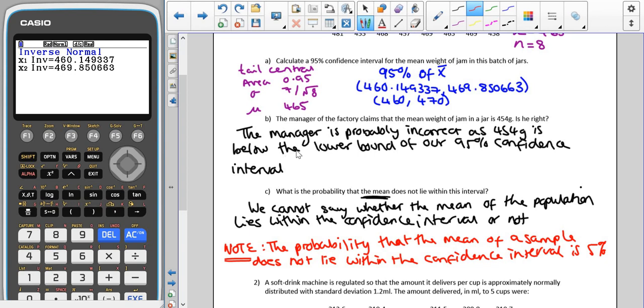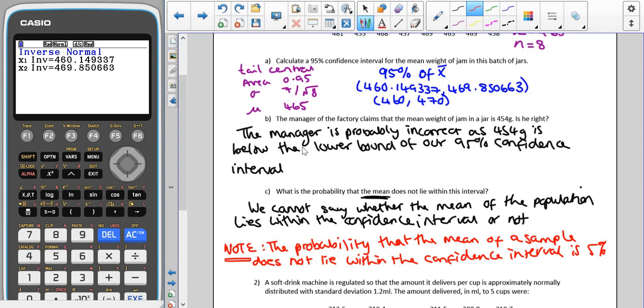So that slight difference between the wording gives us a completely different answer. So in part C, it's actually asking what the probability that the mean of the population doesn't lie within our confidence interval is. Now, the mean of the population is either going to be in the confidence interval or not in the confidence interval, because the mean of the population is not going to change. It is a set value, so it is either in there or it's not in there.